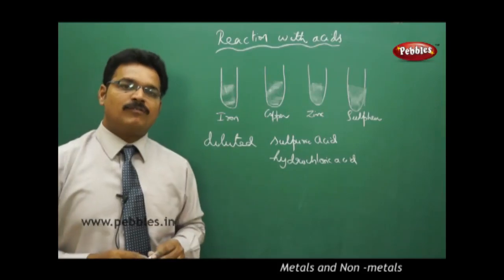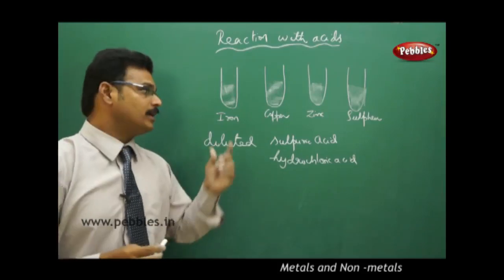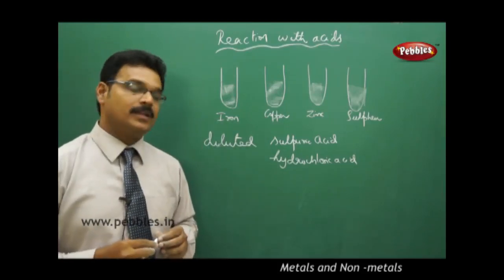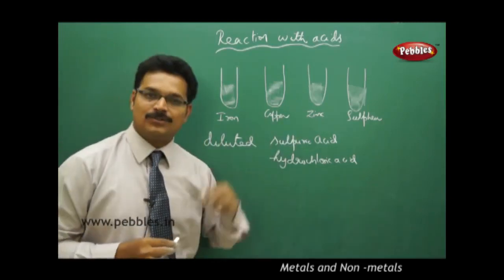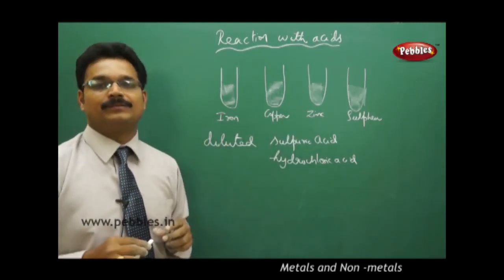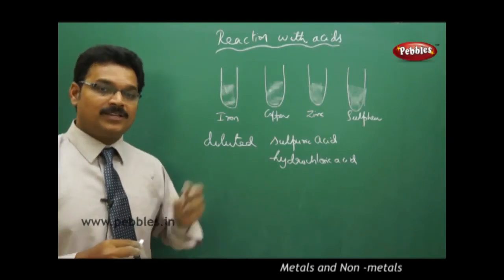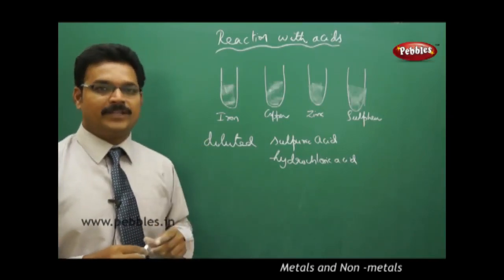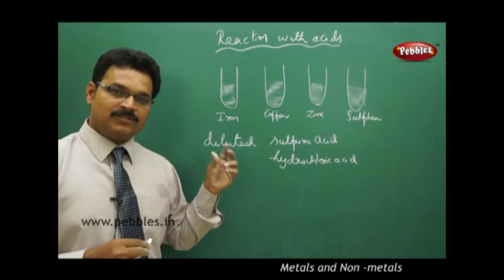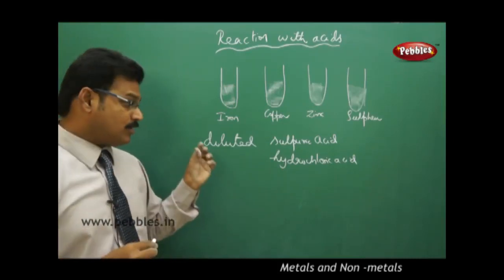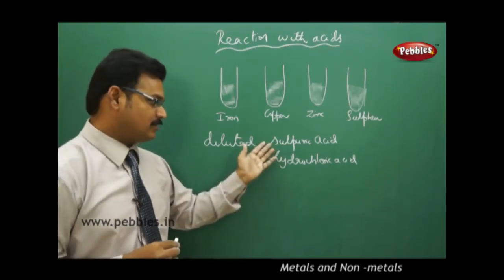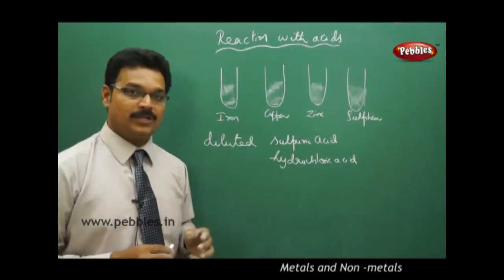If you have not found any change in the mixture, then gently heat the 4 test tubes and check. Shake the test tube and check for any change. If still nothing happens, then add concentrated acids like sulfuric acid or hydrochloric acid to the test tubes. Still check.